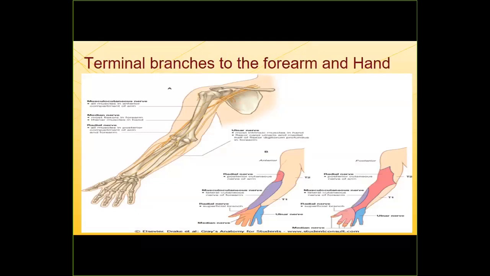So we're going to talk about the radial nerve, the musculocutaneous nerve, axillary nerve. We're going to talk about the long thoracic. We're going to talk about the ulnar nerve and the median nerve. This is just putting all that into context and illustrating their cutaneous innervation patterns as well.